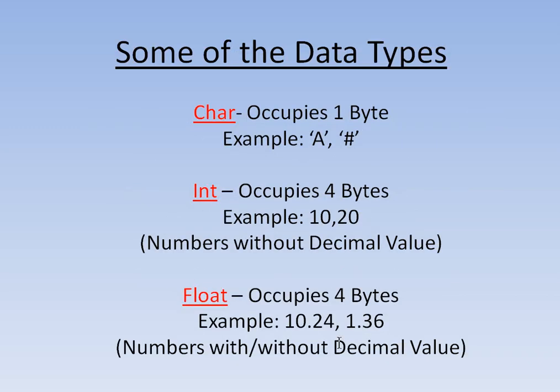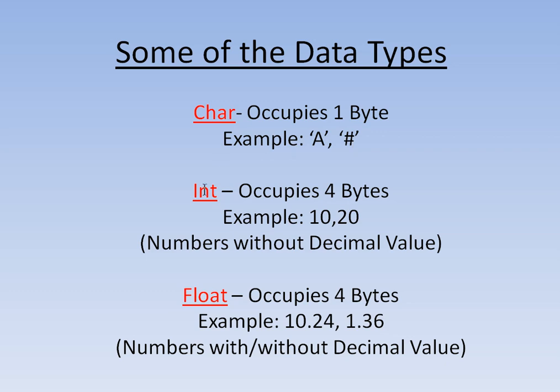Some of the data types, the most important part, are the few data types which we often use. So we are explaining that. The char data type occupies 1 byte. For example, a character like hash; it can save only one character. Let us take int as a data type.